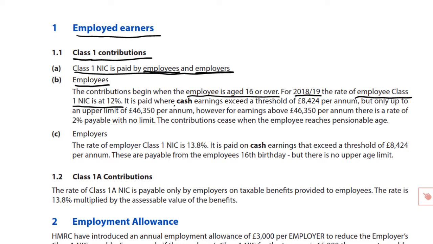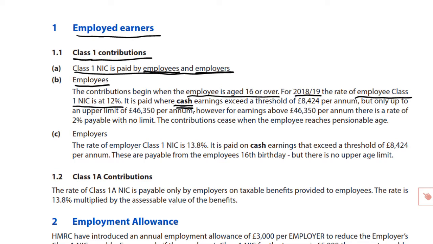It is paid on cash earnings. So it's not going to be chargeable on an employee in relation to the other assessable benefits that might arise that are provided by an employer, like a car benefit or a fuel benefit, for example. This is purely payable in relation to cash earnings.